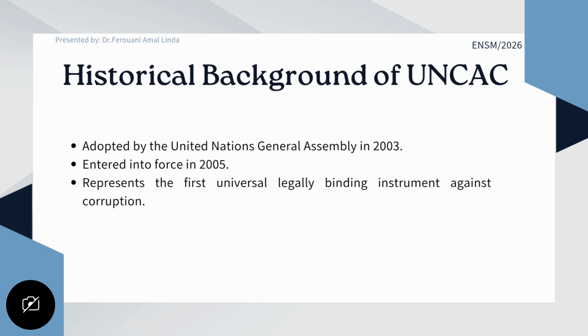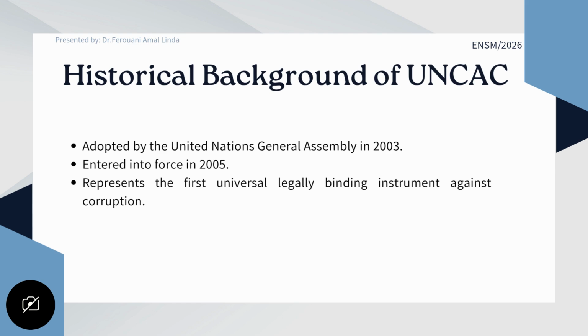The United Nations Convention Against Corruption was adopted by the United Nations General Assembly in October 2003 and entered into force in December 2005. UNCAC represents the first universal and legally binding international instrument specifically dedicated to combating corruption.